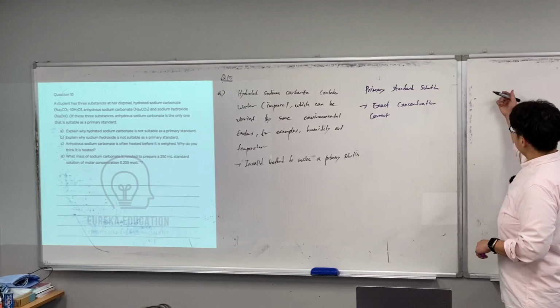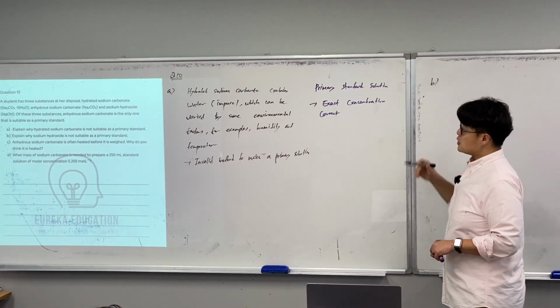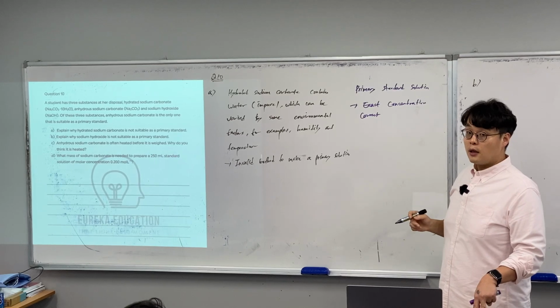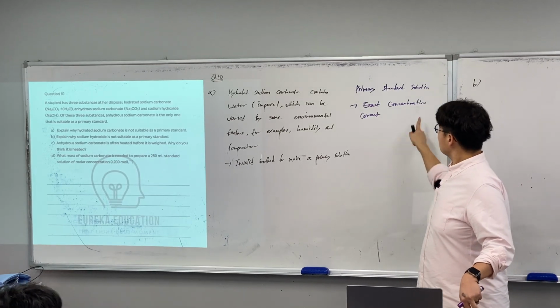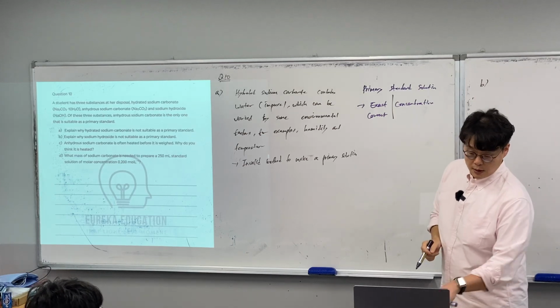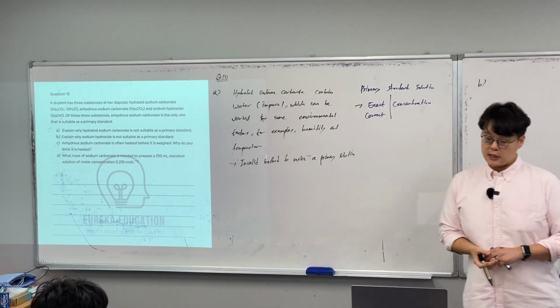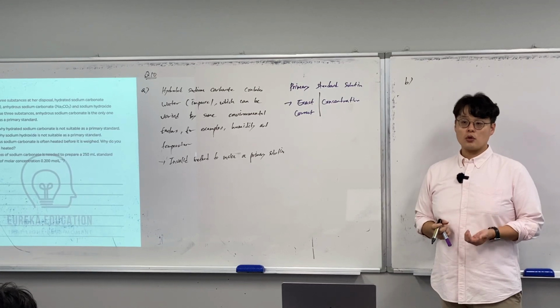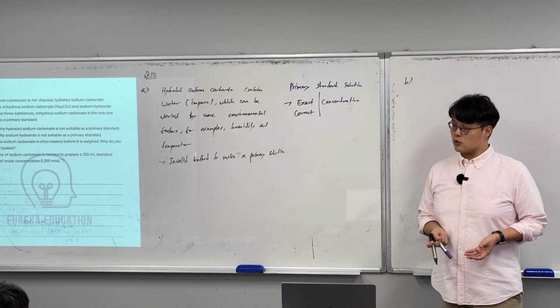Okay, B, then why is the sodium hydroxide not valid? It doesn't give the exact or correct concentration. Why is the sodium hydroxide not suitable? If you remember, what did we do with the sodium hydroxide to make the standard solution last time?